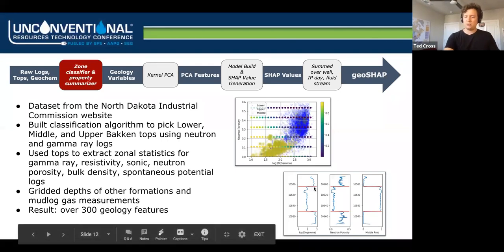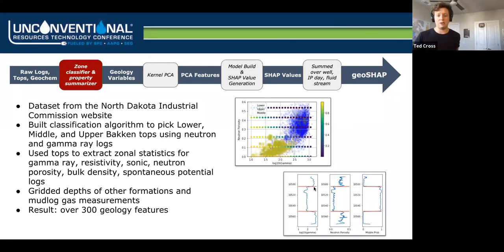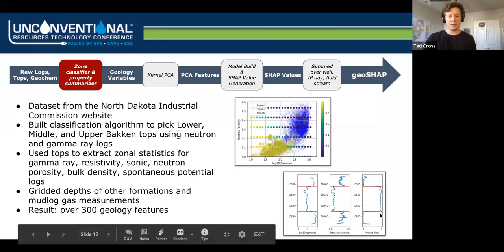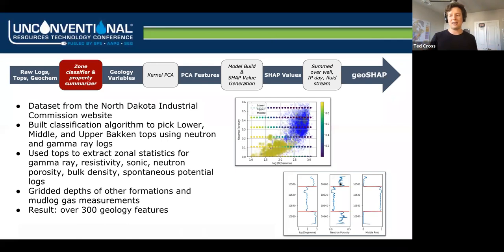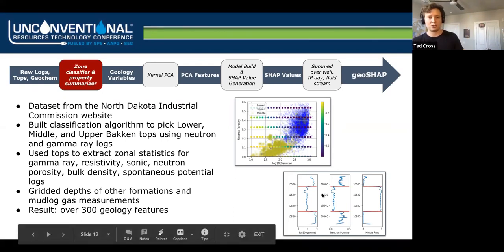And this is maybe the clearest instance in all of the lower 48, maybe the easiest top to pick, just because the gamma ray values and the neutron porosity values for the upper and lower Bakken shales are so freaking high that it's very easy for a machine to pick. So it's not something that you need a sophisticated, experienced geologist to pick. We had depths for other formations in the column, but we used this to make picks for those Bakken intervals.